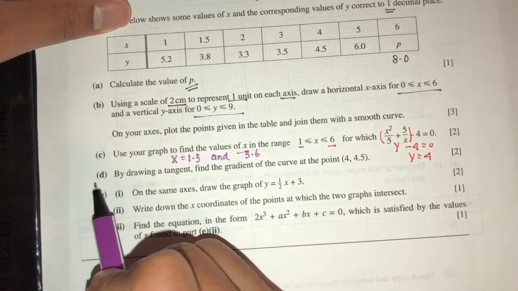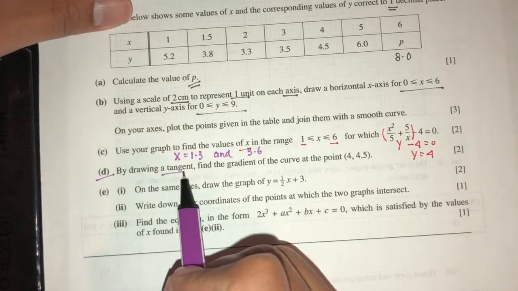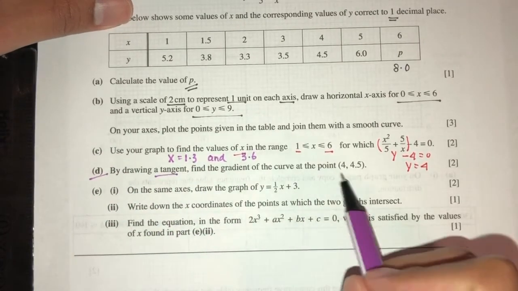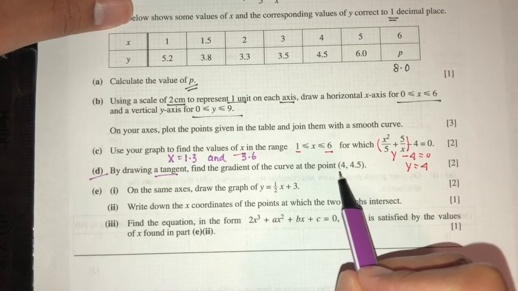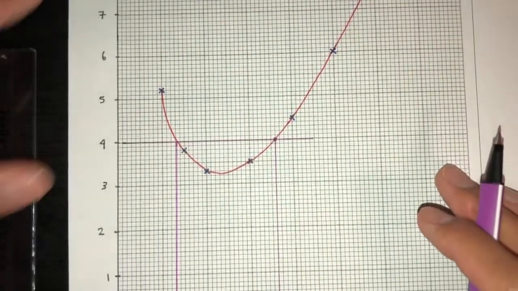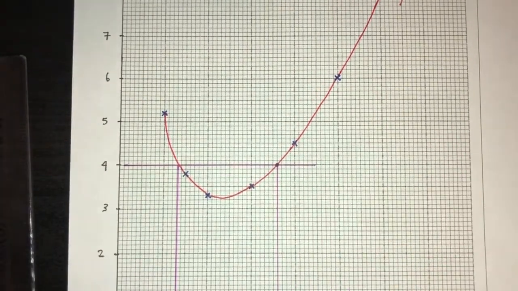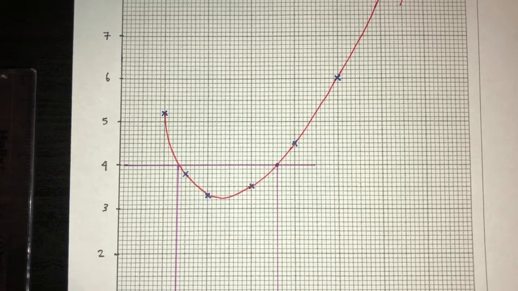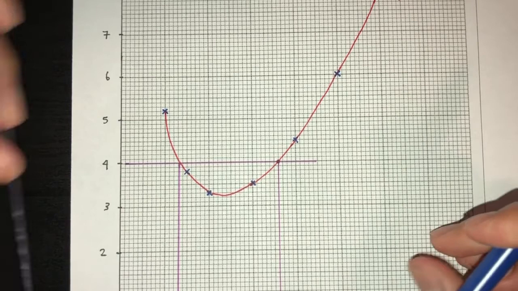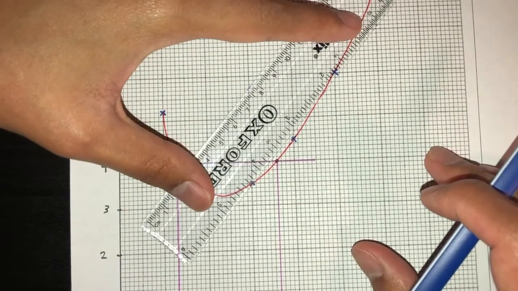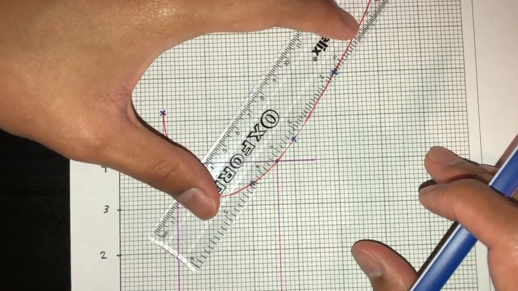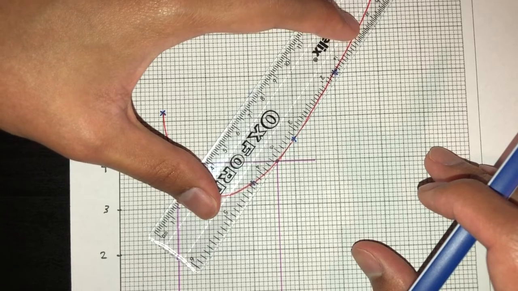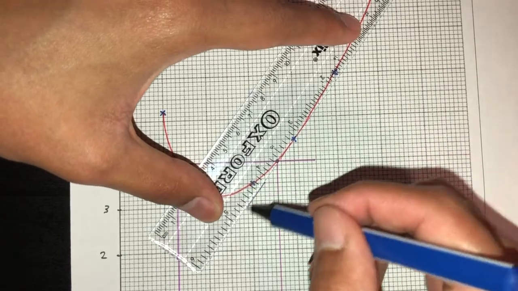Now for part D, by drawing a tangent, find the gradient of the curve at this point, 4, 4.5. So 4, 4.5 will be this point. So let's draw a tangent to this point. It will be touching the curve, so let's make sure that it touches the curve correctly. It will be about this.